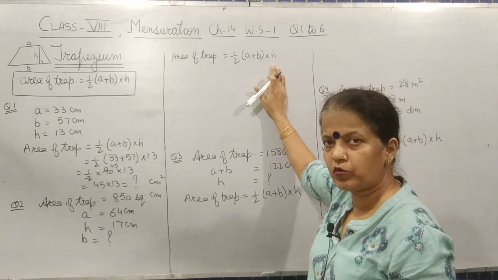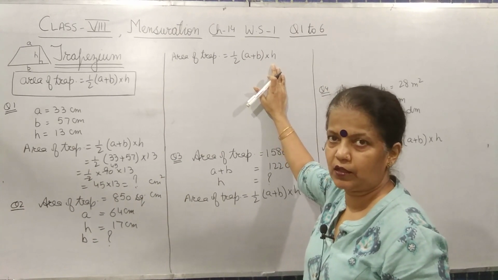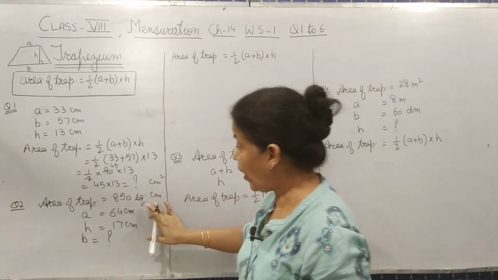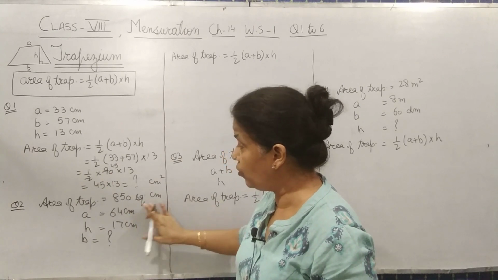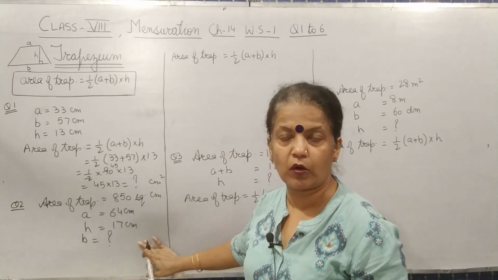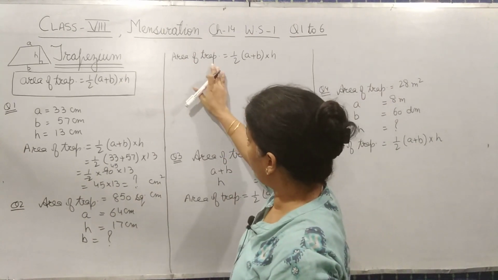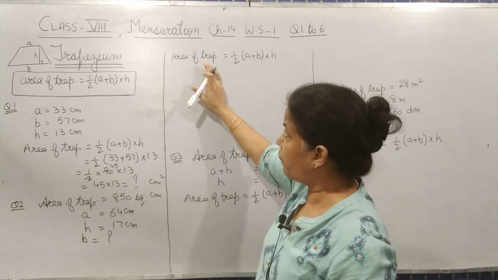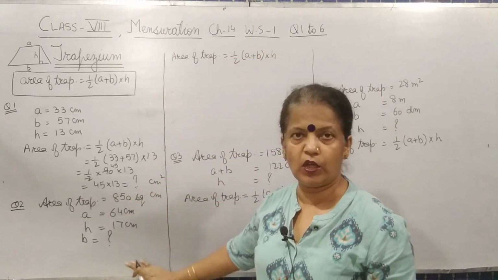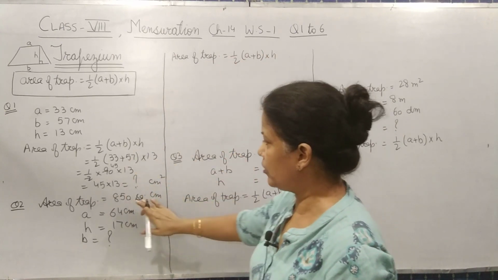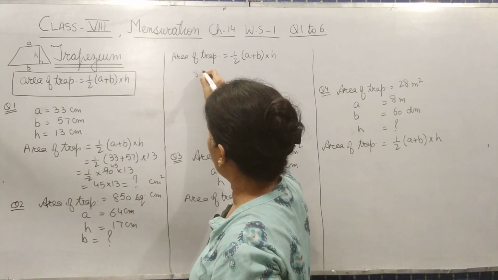Wherever it is written, we will put its value below it. But remember, you have to see whether the units are the same or not. If they are not the same, then you have to convert them. For the area of the trapezium, wherever a value is given in the formula, you will write it. So you will write 850 here.